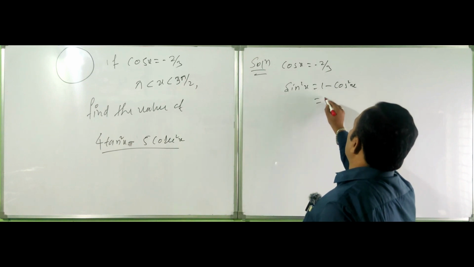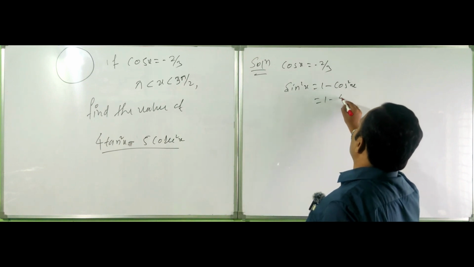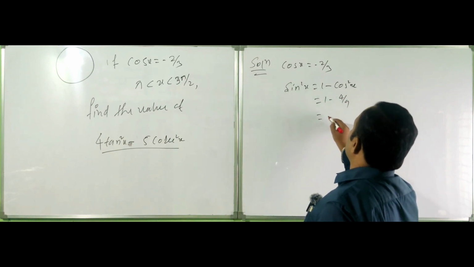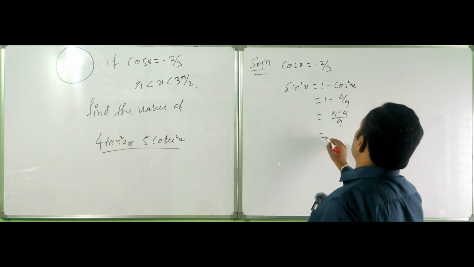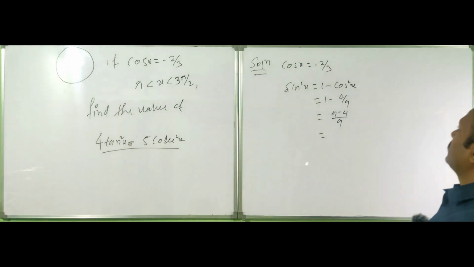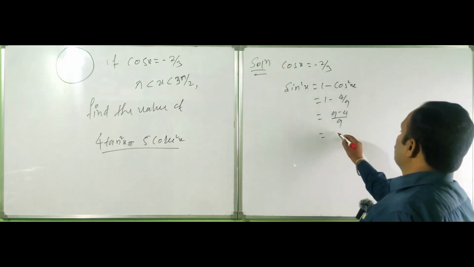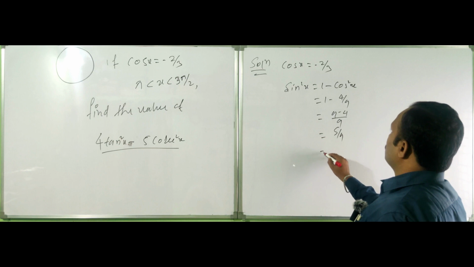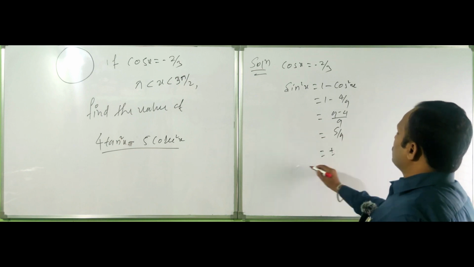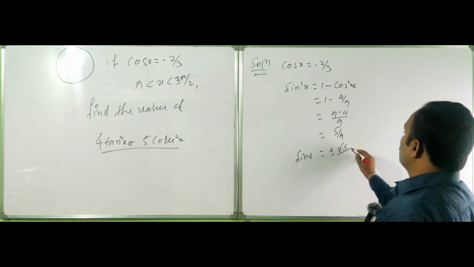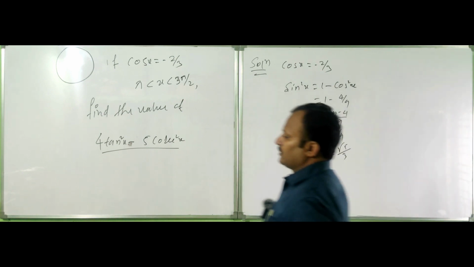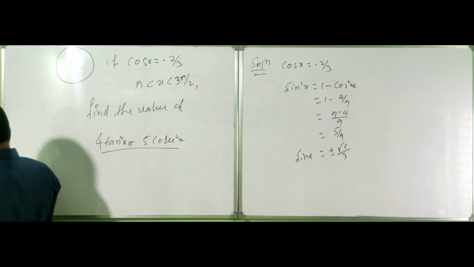This is 1 minus 4 by 9. This becomes 9 minus 4 by 9. This becomes 5 by 9. So sin x becomes plus or minus root 5 by 3.